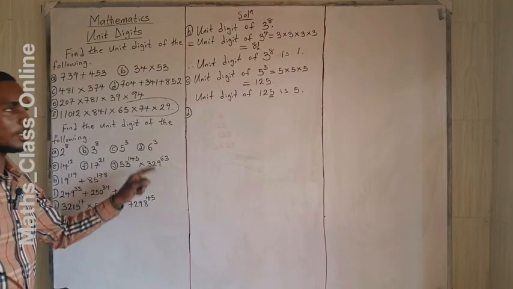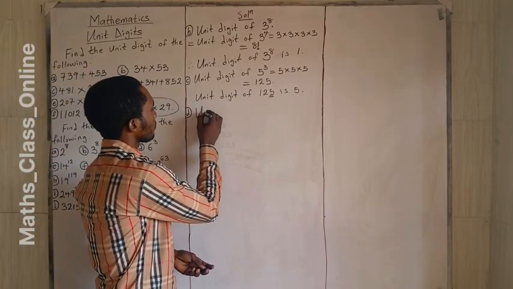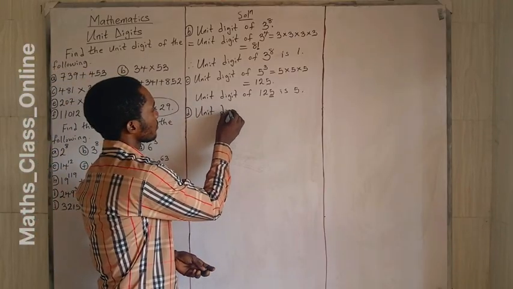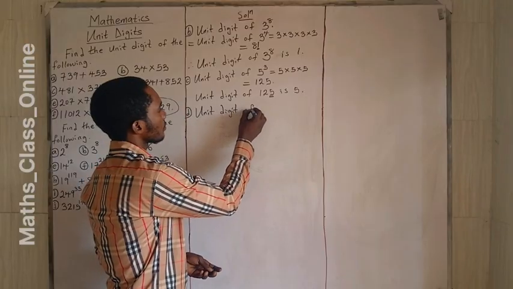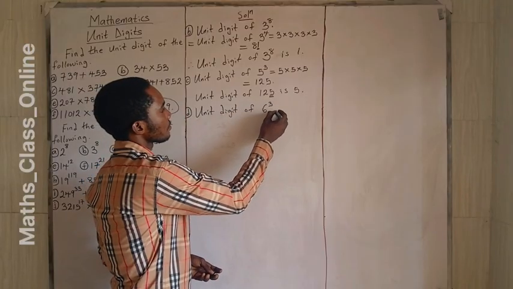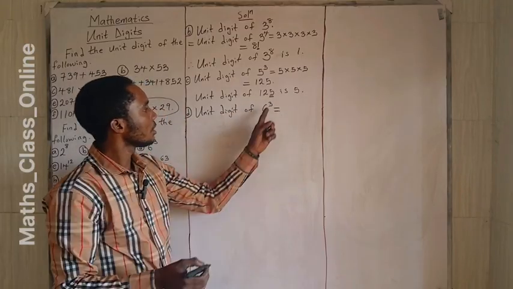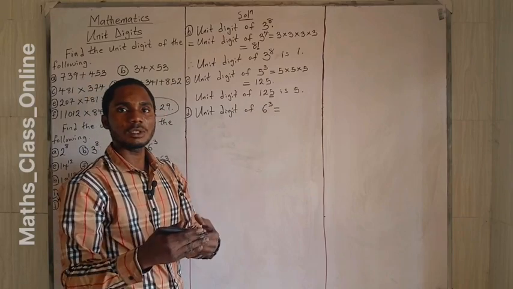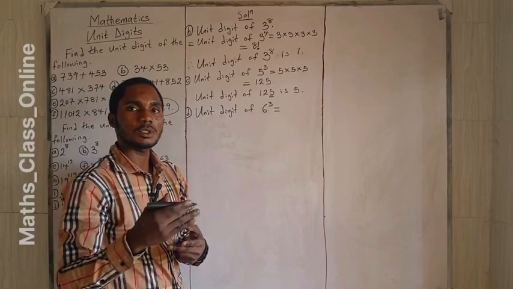6 raised to the power of 3. The power here, which is 3, is also not up to 4.